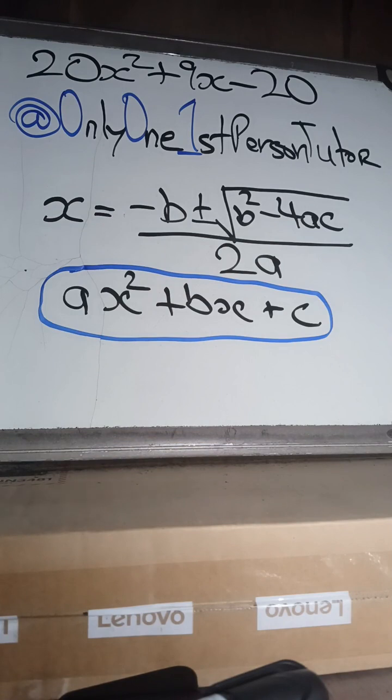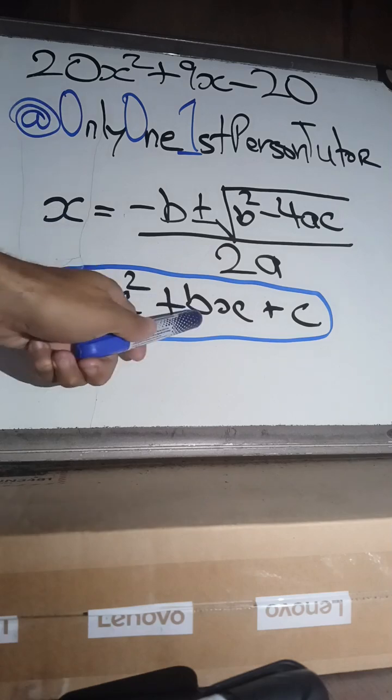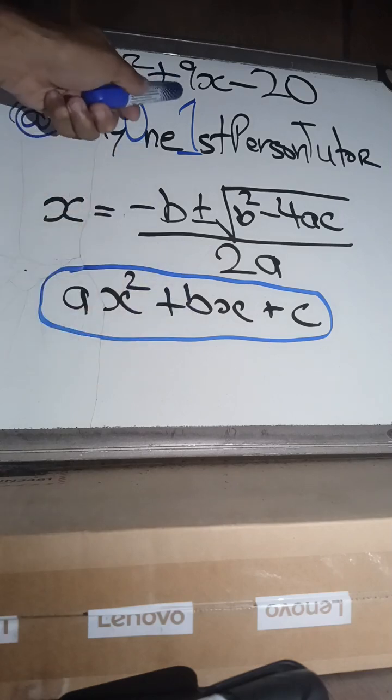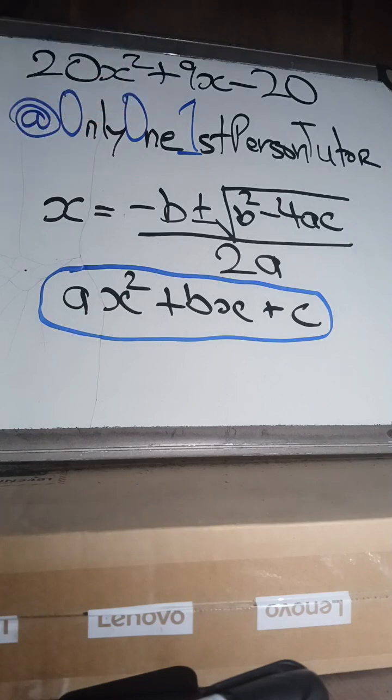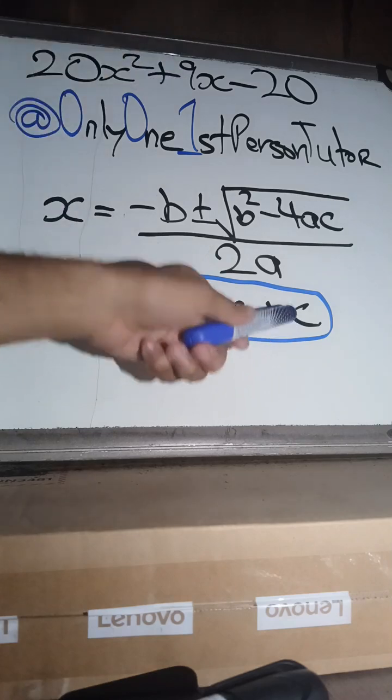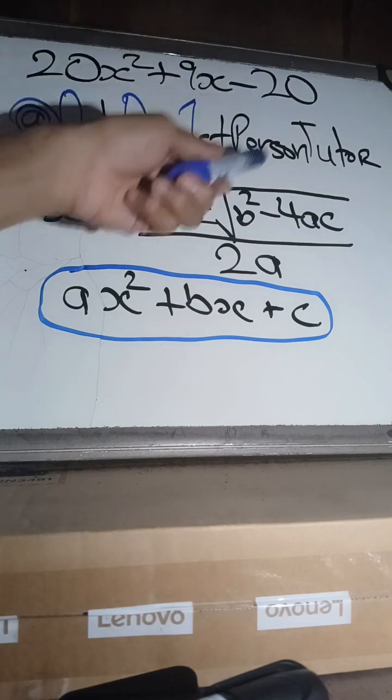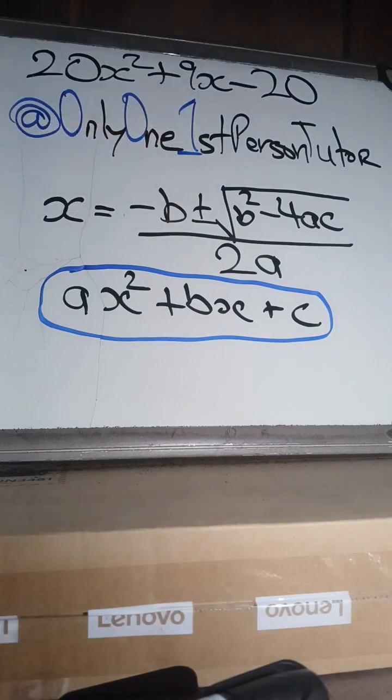So this A lines up with that 20. This B lines up with that 9, and whatever sign is in front of the 9 you keep. So if it's a plus 9, it's a positive 9. If it's a minus 9, you put minus 9. And then the C is again, not 20, it's minus 20, right?